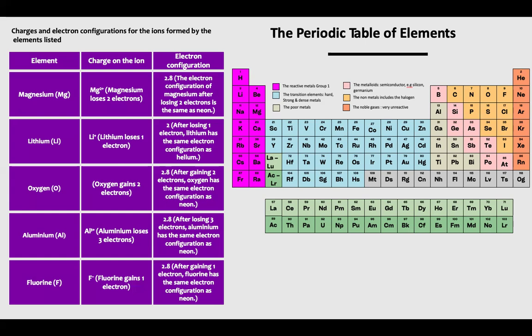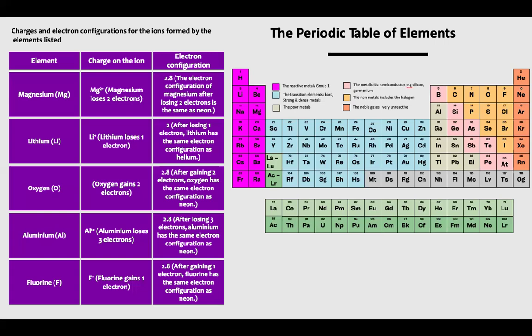In electron configuration, that means 2.8, so the electron configuration of magnesium after losing 2 electrons is the same as neon. Lithium is Li+, which means lithium loses 1 electron. And when it comes to electron configuration, after losing one electron, lithium has the same electron configuration as helium.